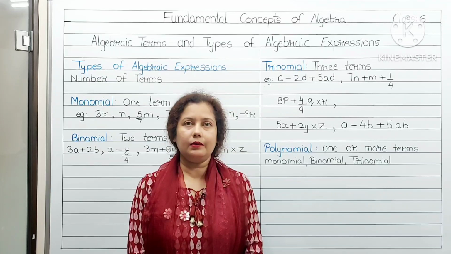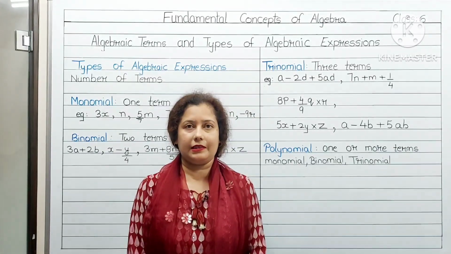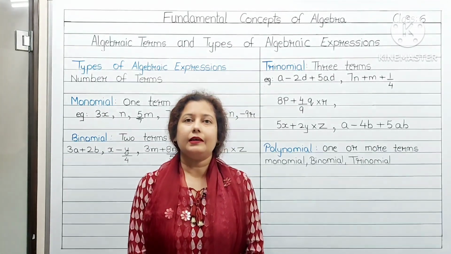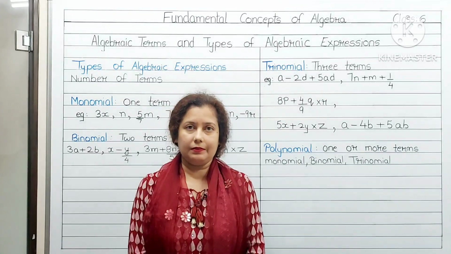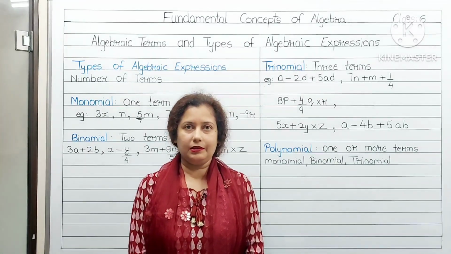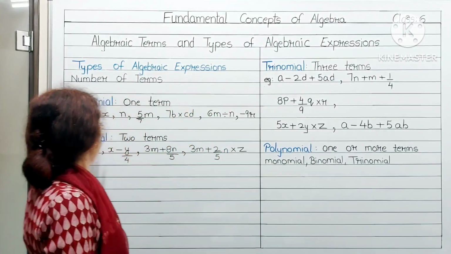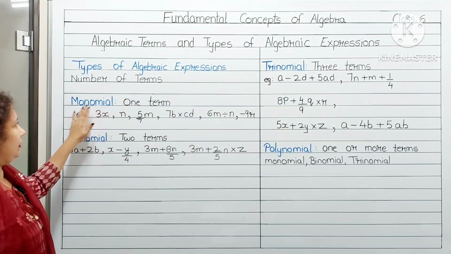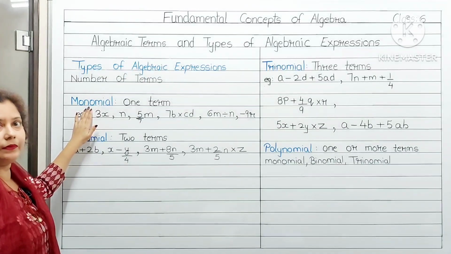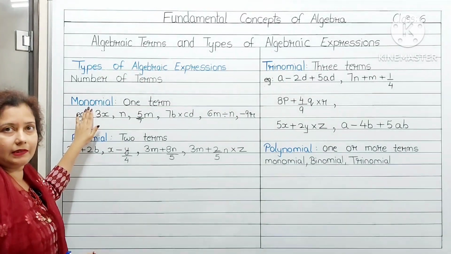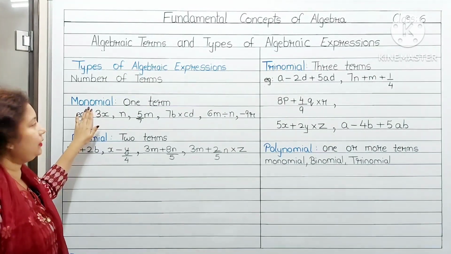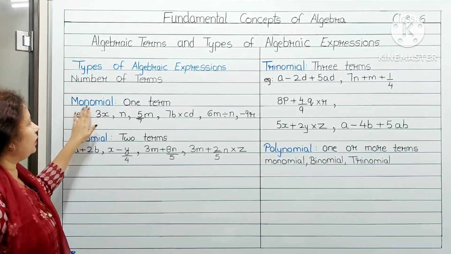Next we will understand what are the types of algebraic expressions. Depending upon the number of terms in an algebraic expression, they are classified into different types. First type is monomial. Mono means one. So when only one term is present in an algebraic expression, it is called a monomial.